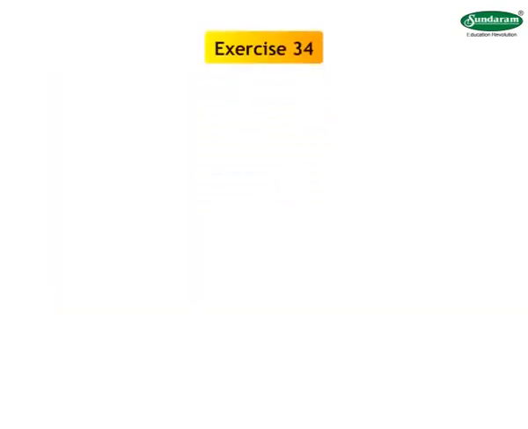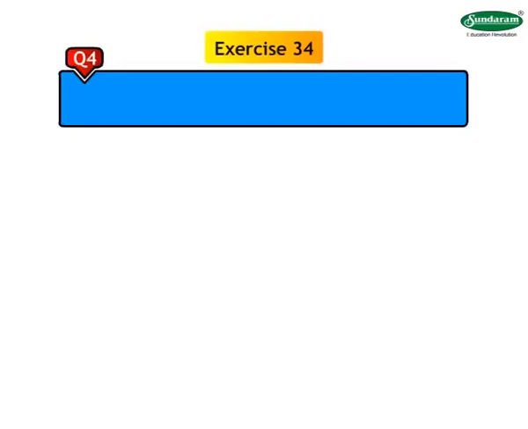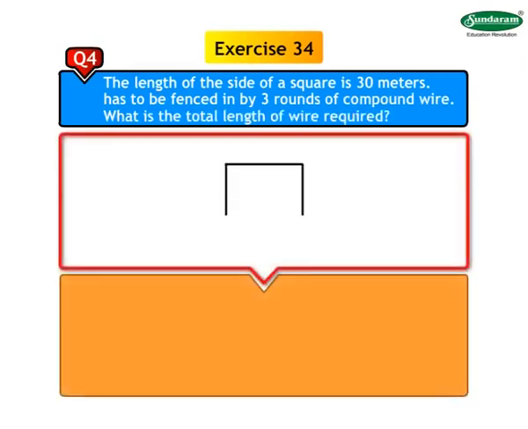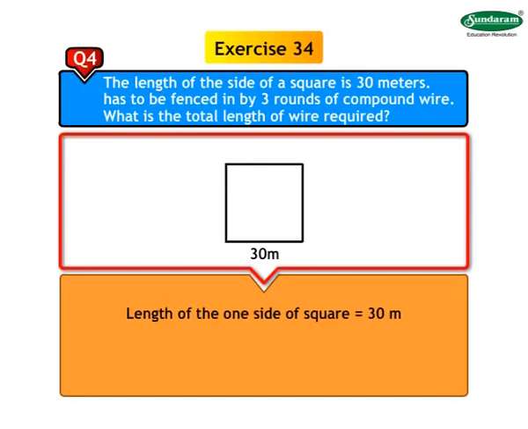Exercise 34, Question 4. The length of the side of a square is 30 meters. It has to be fenced in by 3 rounds of compound wire. What is the total length of wire required? Solution. It is given that length of one side of the square is equal to 30 meters.